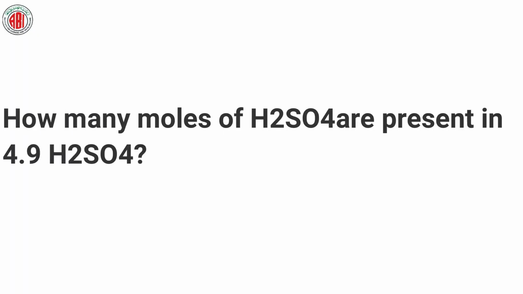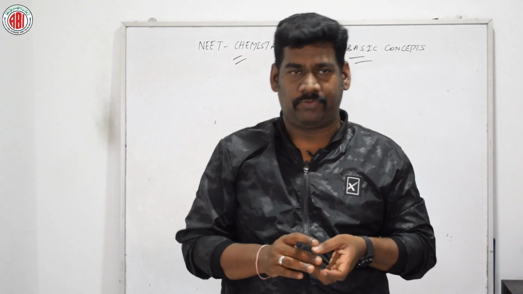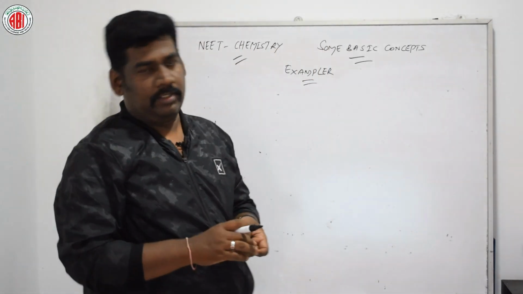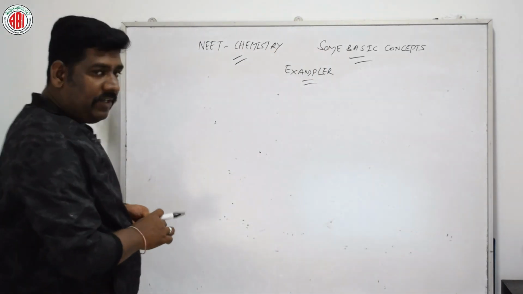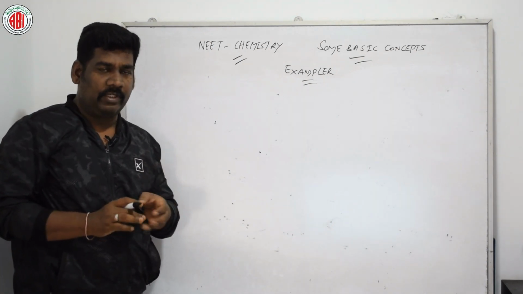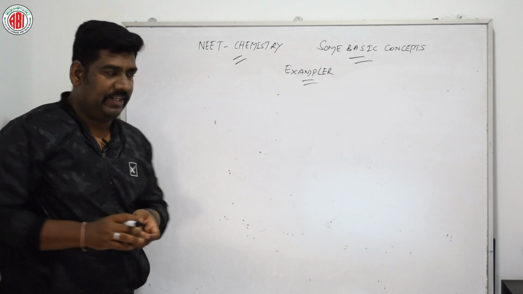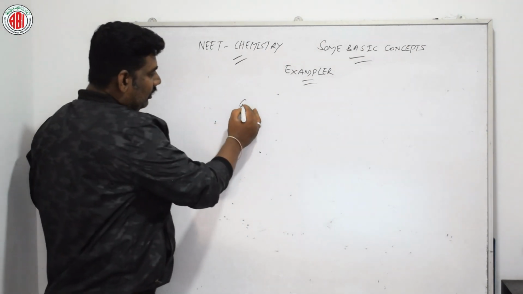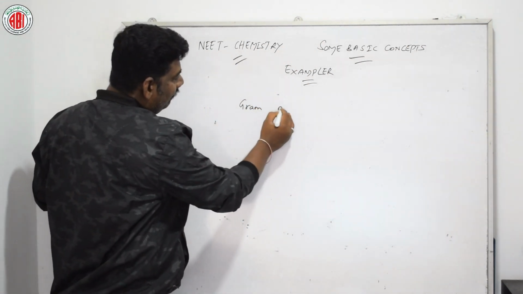How many moles of H2SO4 are present in 4.9 gram of H2SO4? For finding the number of moles present in H2SO4, first we should know the gram molecular weight of H2SO4.